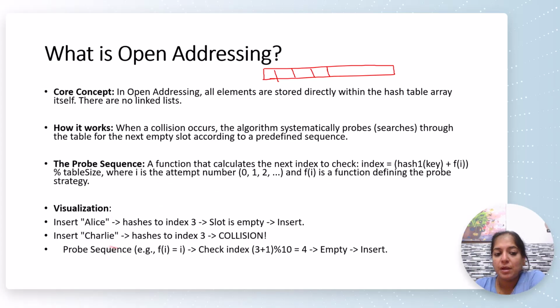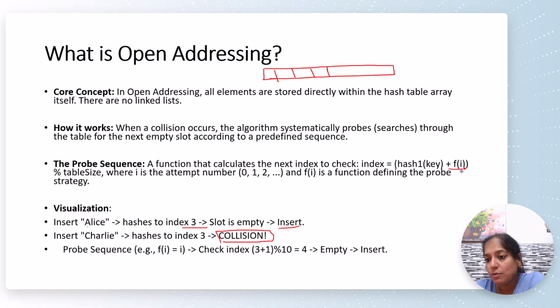For example, insert Alice. We are getting the index 3. So at index 3, we insert the value Alice. Then again, we want to insert Charlie. For Charlie, again, we get the index 3. So there is a collision. Now we need to resolve it. How can we do it? We are going to use the probe sequence.